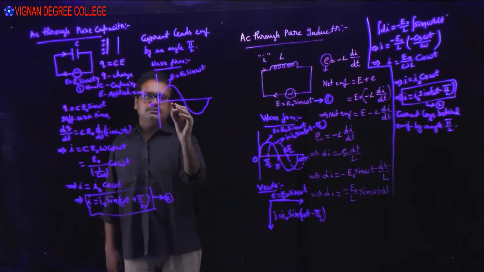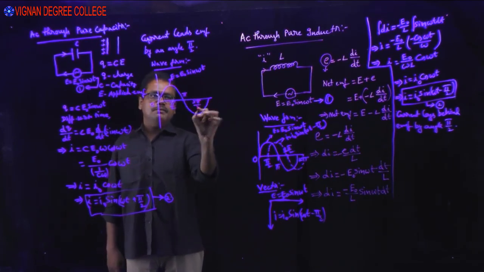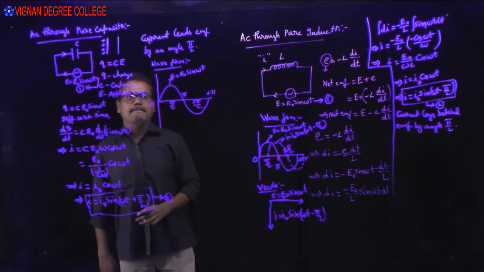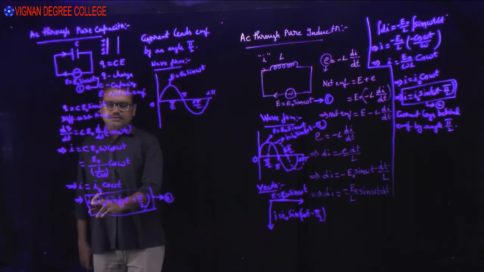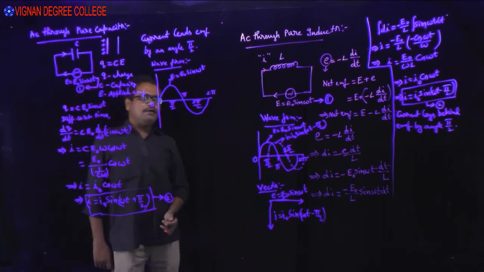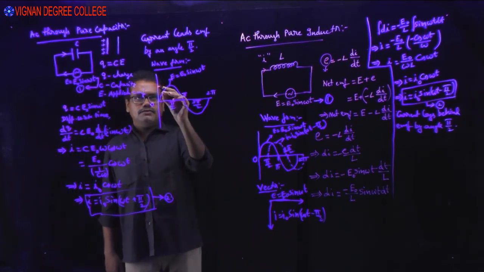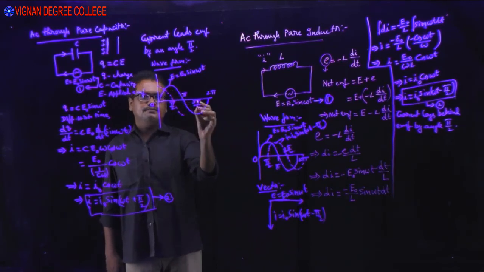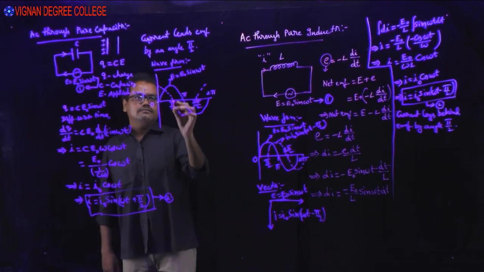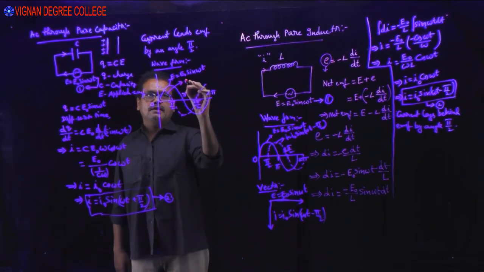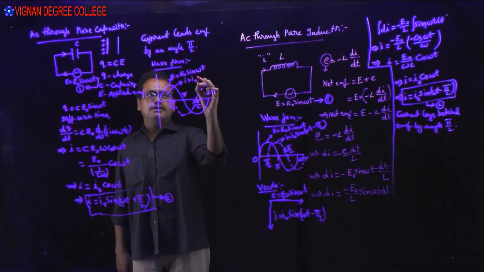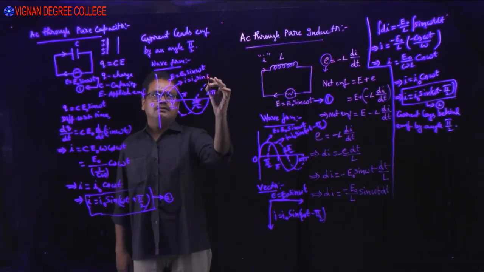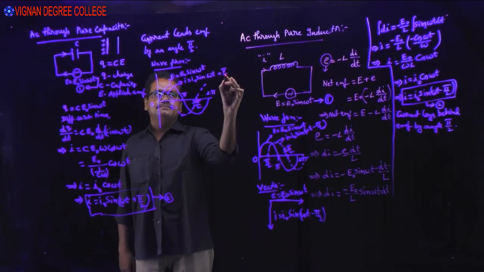Here also 0, pi by 2, pi, 3 pi by 2, 2 pi. Since current is leading by an angle pi by 2, the waveform is like this. So this represents current I is equal to I naught sin omega t plus pi by 2.